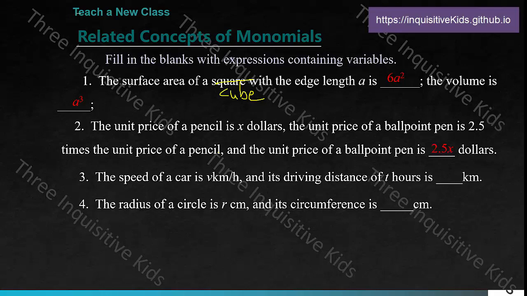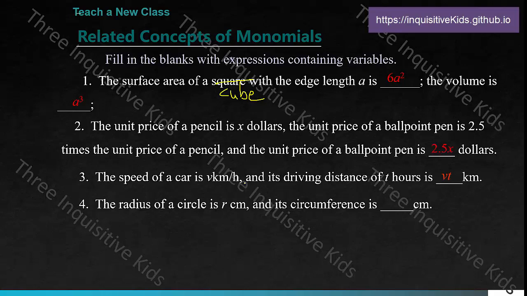The speed of a car is v kilometers per hour, and its driving distance of t hours is blank kilometers. We already know that it drives v kilometers per hour, and there are t hours. It's going to be vt kilometers.